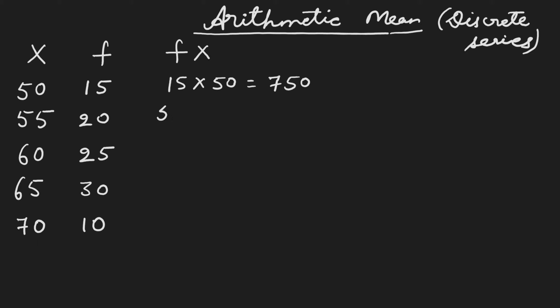Then 55 multiplied by 20 is equal to 1100. In the similar way, you can multiply 20 with 55, both will give the same answer, 1100. So now the next is 60 multiplied by 25, or 25 multiplied by 60.